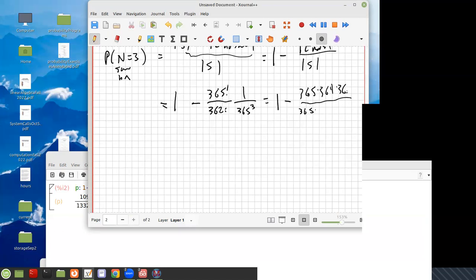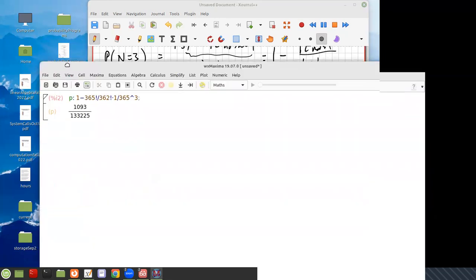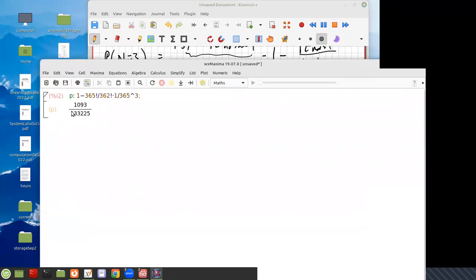This is 365, 364, 363 over 365, 365, 365. The 365s cancel. You have 364 over 365, 363 over 365, and so the number here would be this number here.